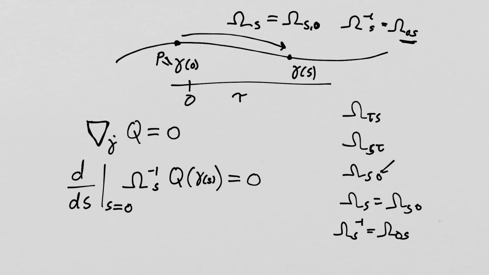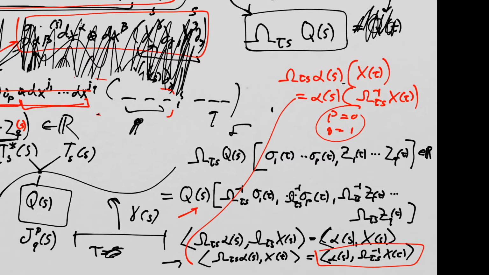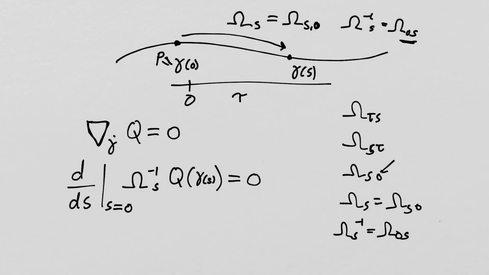That equals 0. So both of these are defining equations for parallel transport of q. And we're going to show that this satisfies all of the demands that we had made over here, with these expressions about parallel transporting the arguments or parallel transporting the tensor.